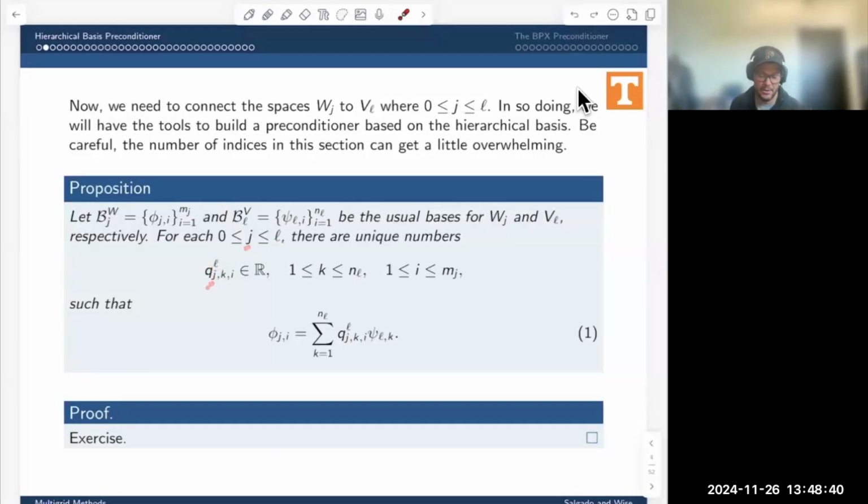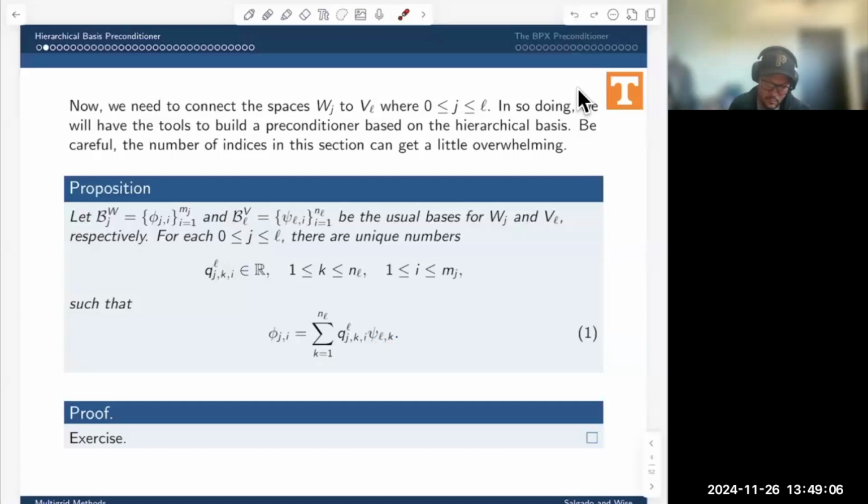That's all four indices taken care of, such that phi_{Ji}, a basis element from BJW, can be expanded as the sum for K equals 1 to NL of Q_{JKIL} psi_{LK}.